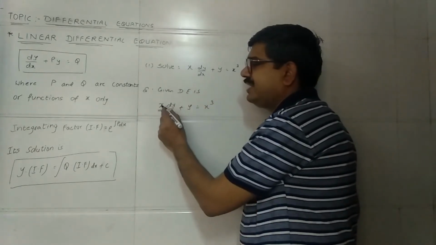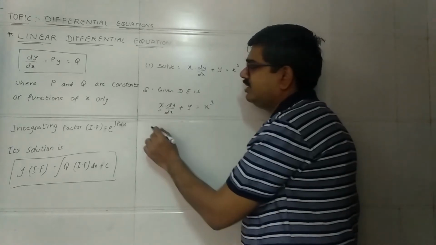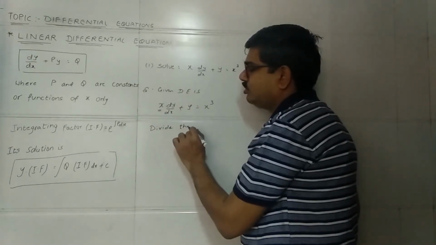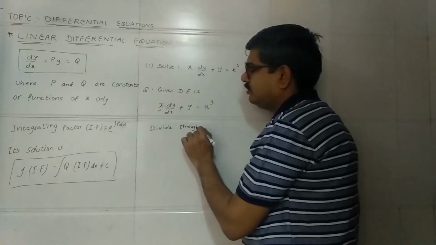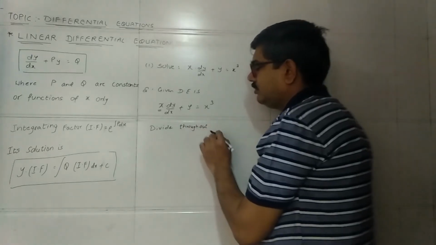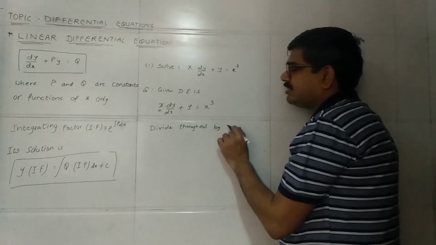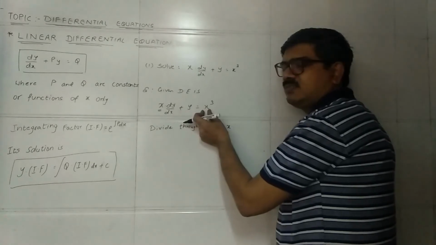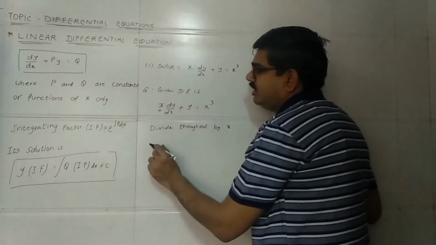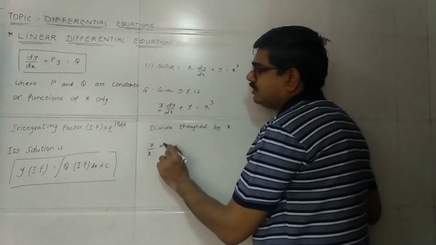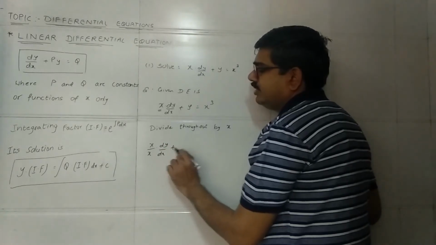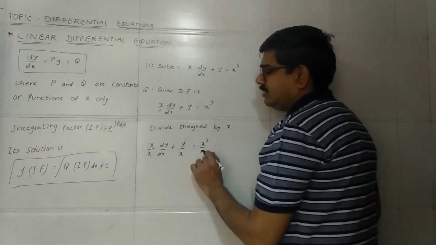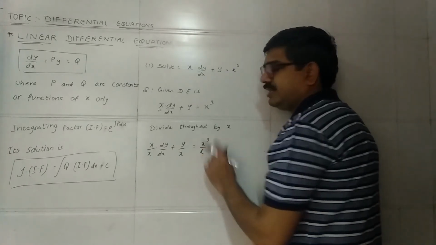So here, since x is multiplied with dy by dx, first step, divide throughout by x. Divide all the three terms by x. So here, if you divide this by x, you will get like this, here like this, and here like this. Dividing all the three terms by x.